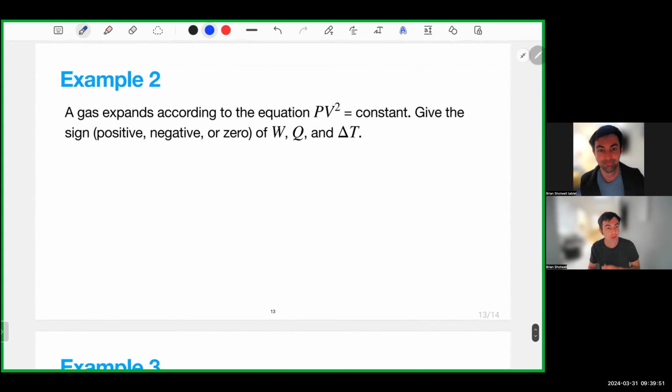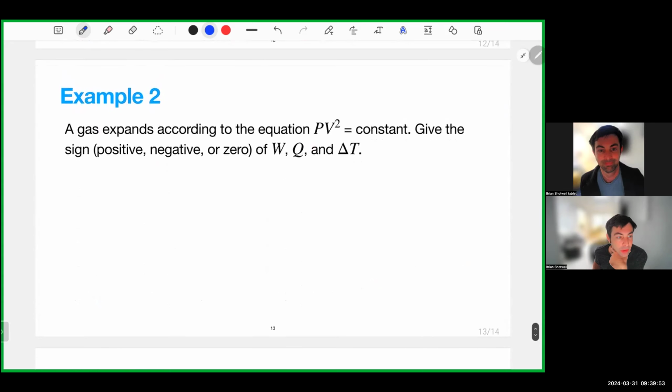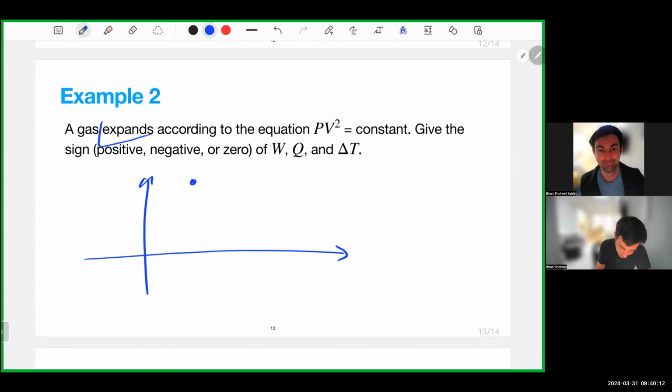Okay, a gas expands according to the equation PV squared equals constant. Give the sign of W, Q, and delta T. So remember, first of all, the gas expands, which means that W is negative, right?